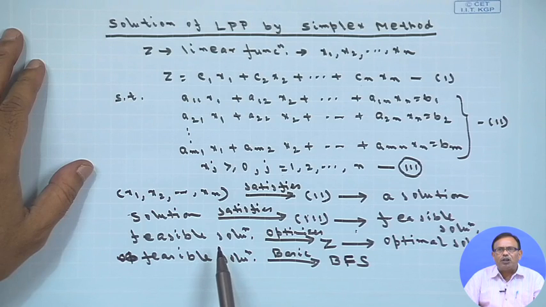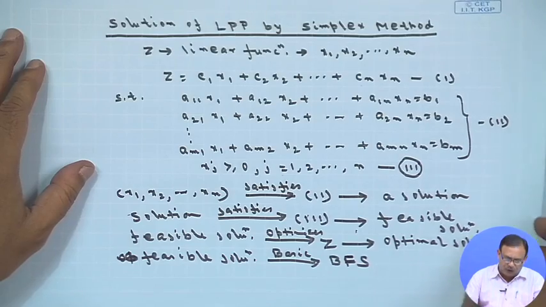Whenever the solution satisfies the non-negativity constraint 3, we call it a feasible solution. If the feasible solution is basic, we call it a basic feasible solution, and if the feasible solution optimizes the objective function z, we call it an optimal solution.